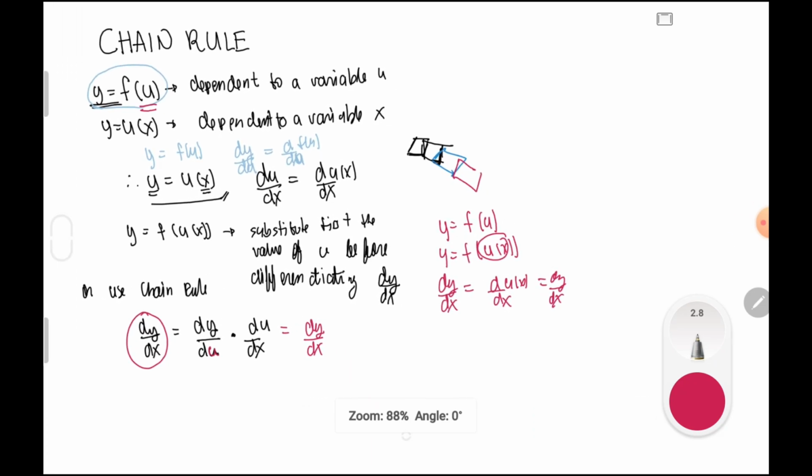So that is our chain rule. So this is a theorem, or this is a rule in solving equations with composite functions with interrelated variables. Okay, so let's have our example.